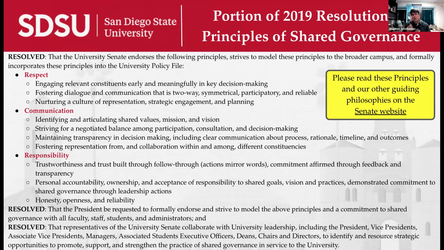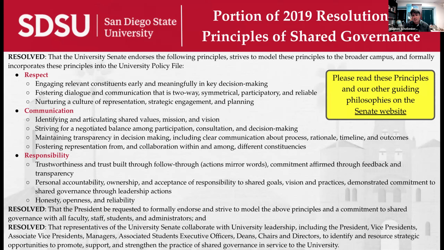And one of the key emerging aspects of this were three components centered around respect, communication, and responsibility. So I encourage you to take a look at this resolution. It's posted on the Senate website, along with some other guiding philosophies that are really important to us and guide our way forward as we work together.